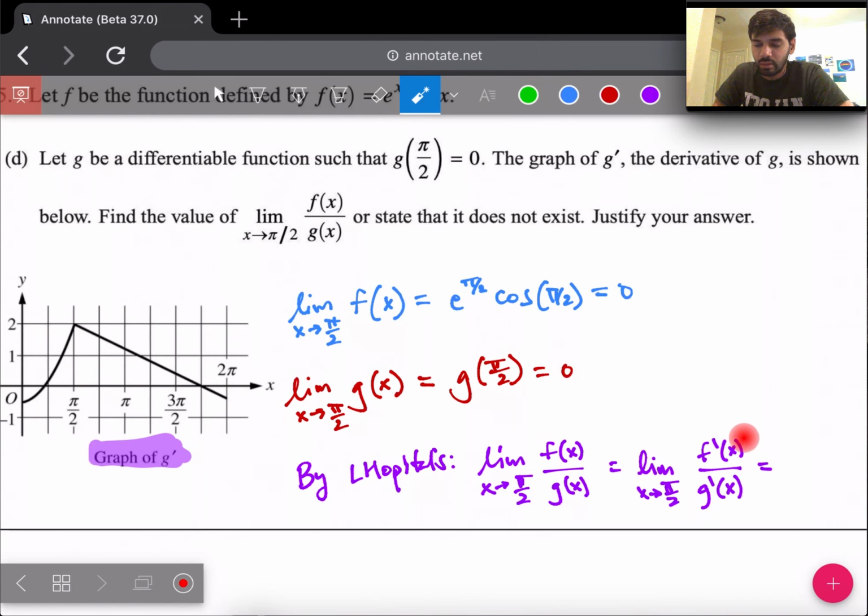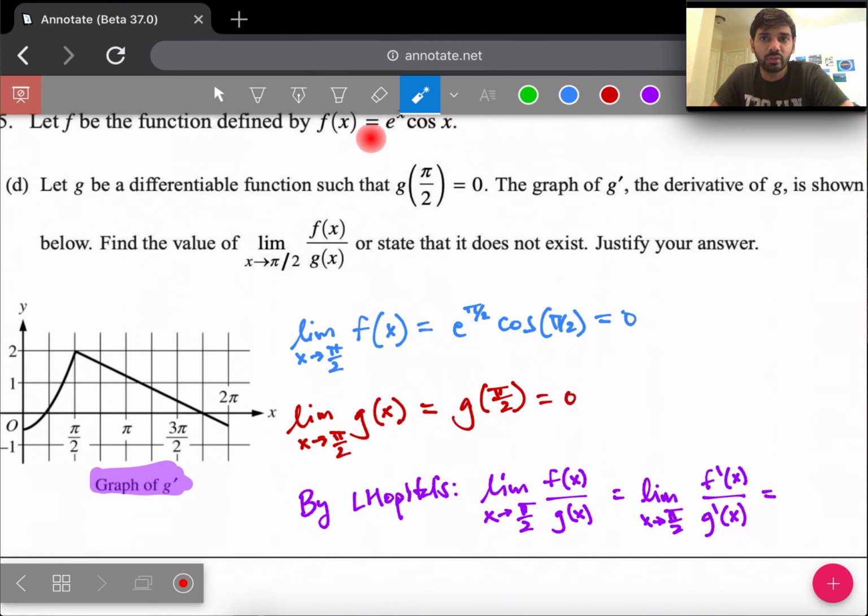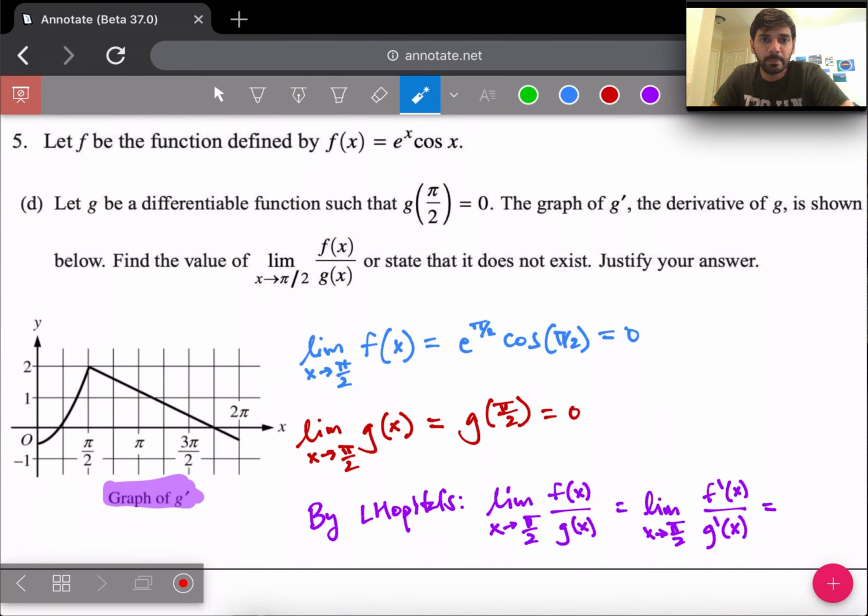So to find f prime of x, what we can do here is take this derivative of e to the x cosine of x, I'm not going to show that work here. You can just do the product rule, derivative of the first times the second, plus derivative of the second times the first.